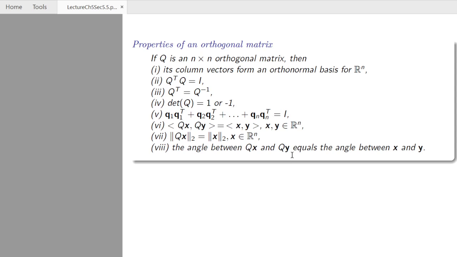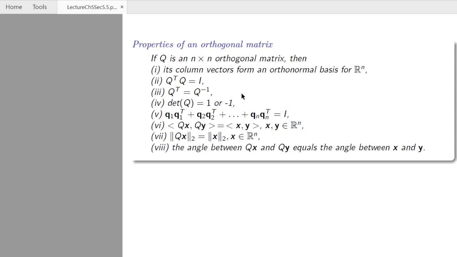Now if either x or y equals 0, then the angle on both sides equals 0. If both x and y are non-zero, then we can use properties 6 and 7. By taking the quotient, we get that the angle between Qx and Qy is the same as the angle between x and y.